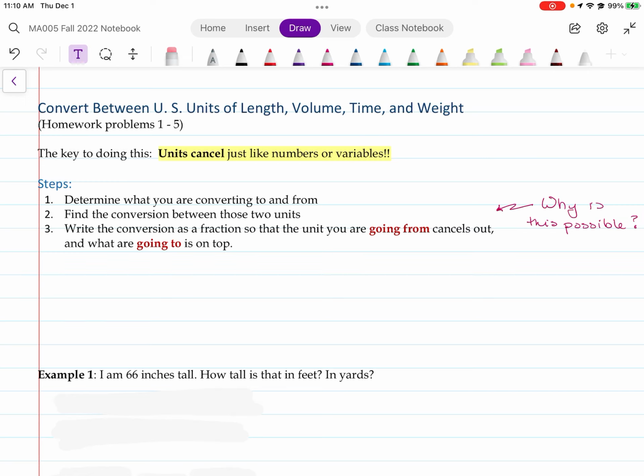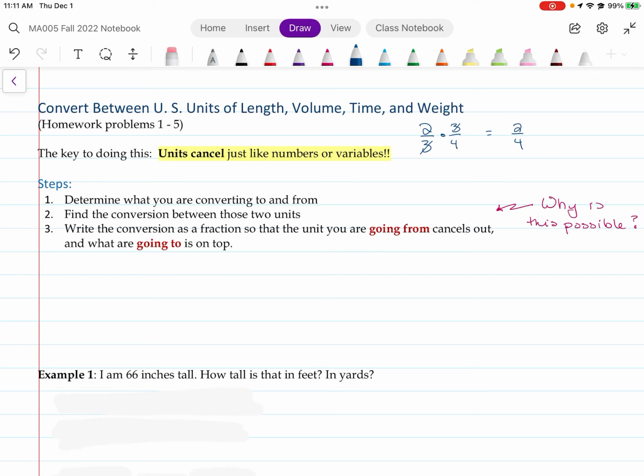The key to doing this is that units cancel just like numbers or variables. So if we had 2/3 times 3/4, we would be able to cancel these threes and we would get 2/4. And I could continue canceling things. So it's going to be the same thing with units.